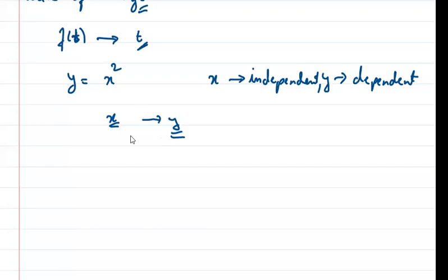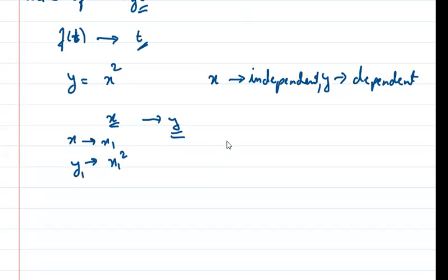So if I'm putting the value of x, suppose x as x1, and y will be what? Tell me. X1 square, yes or no? Simple. Y will be y1, which is x1 square, yes or no?